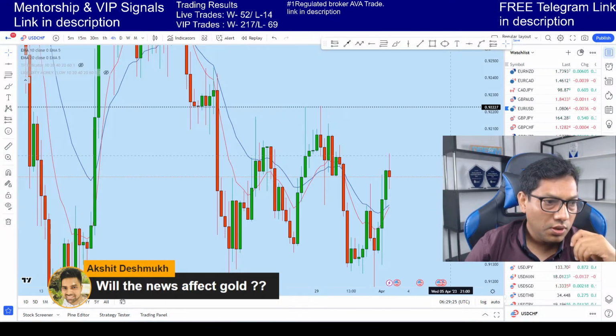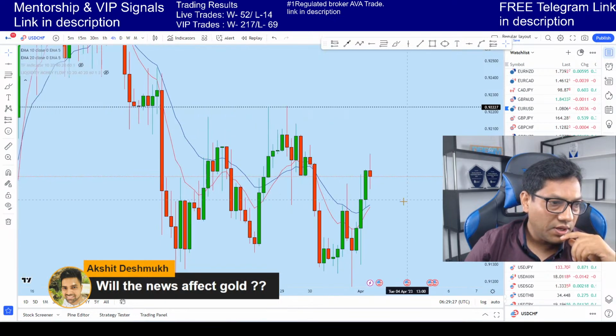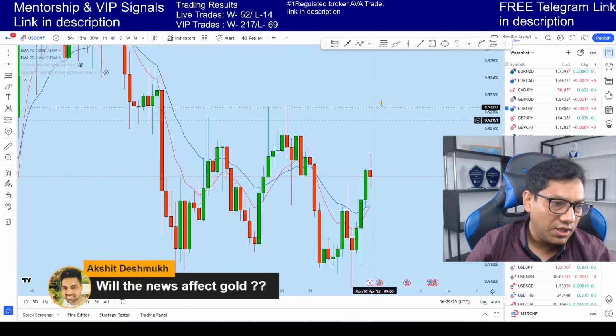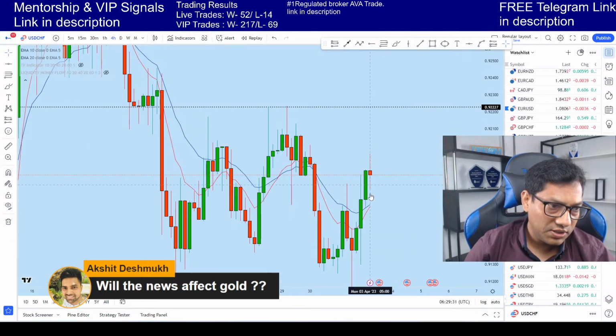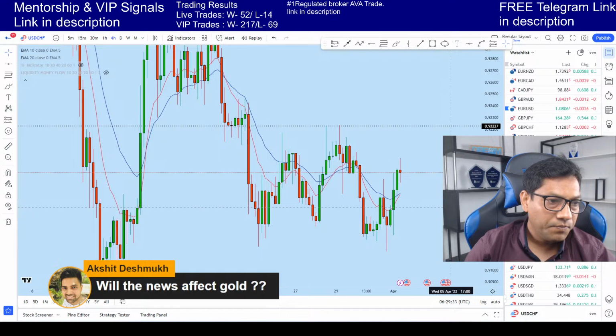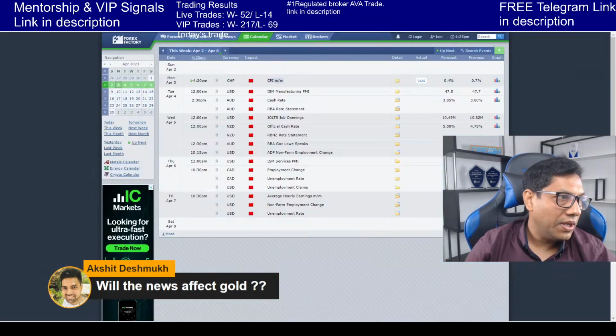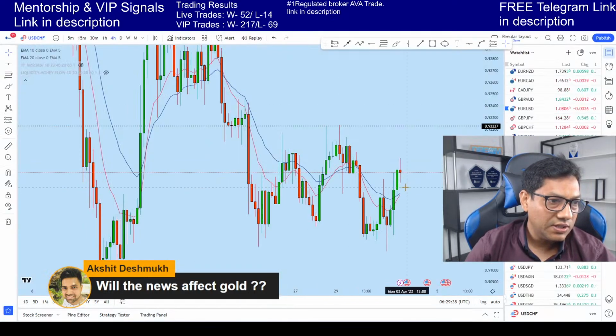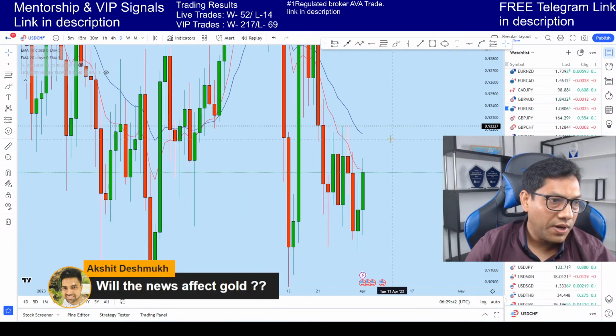Okay, so CHF, as you can see, we might see strengthening CHF. It's now pushing to the upside. We might see strengthening on USD CHF, the way I see the price action. In that case, we could see the price going ahead and testing the daily 20 EMA.